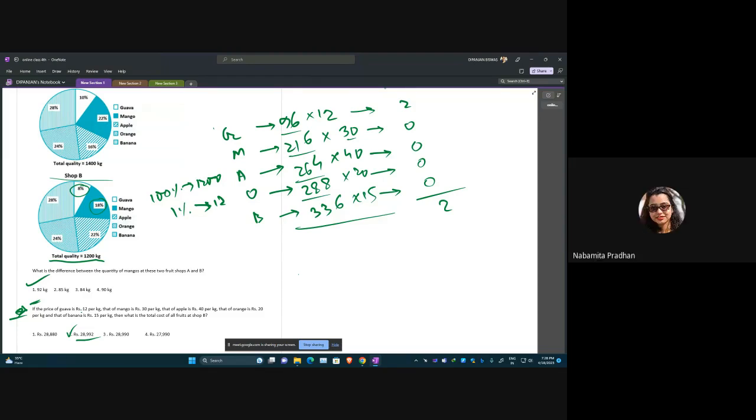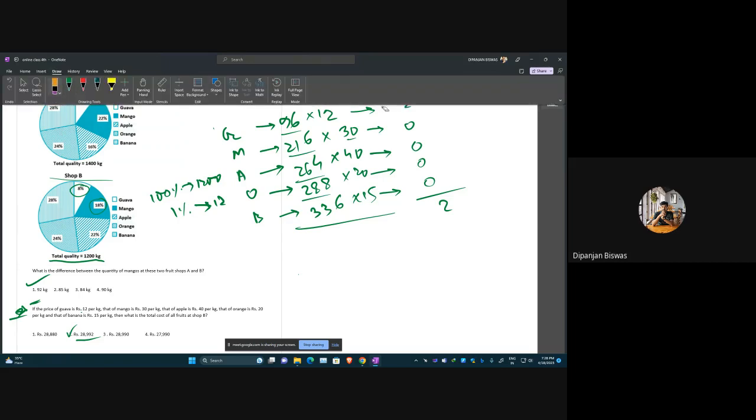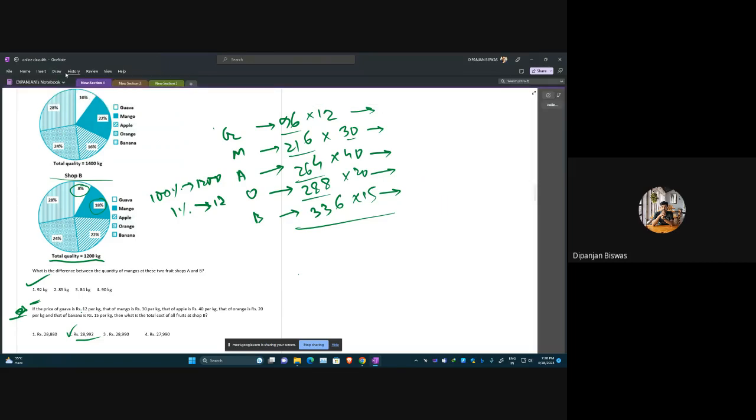Can you please repeat it again? Okay. So here you can see, to do this terrific amount of multiplication, it will take a substantial amount of time, like 1 or 2 minutes. Then you have to do the addition. First, you have to do the multiplication.